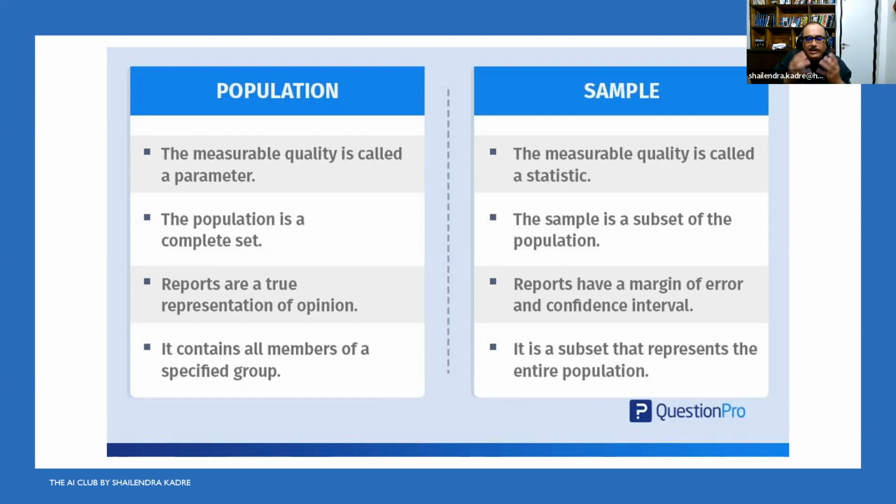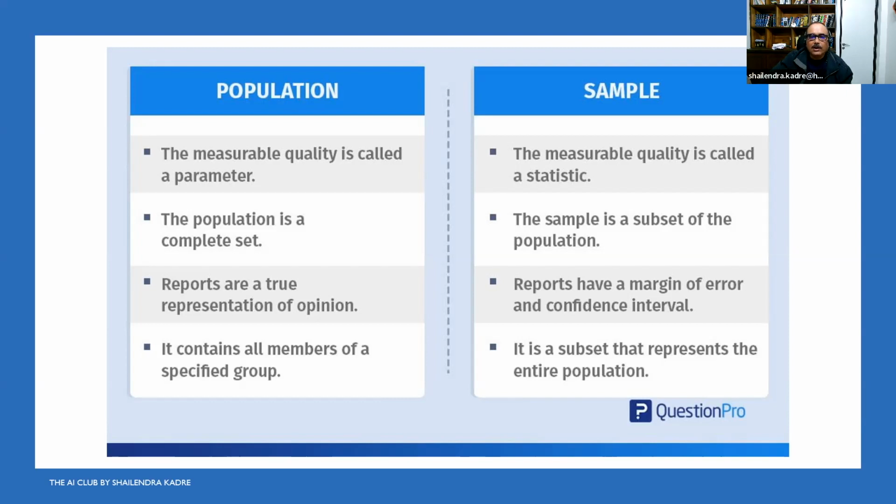So how to determine the sample size is also a problem of statistics. We'll learn how to determine the right sample size. For now, remember that determining the right sample size is also a statistical or mathematical problem.